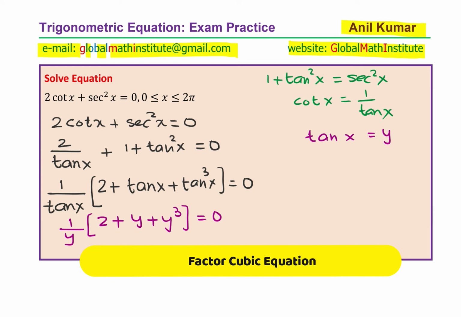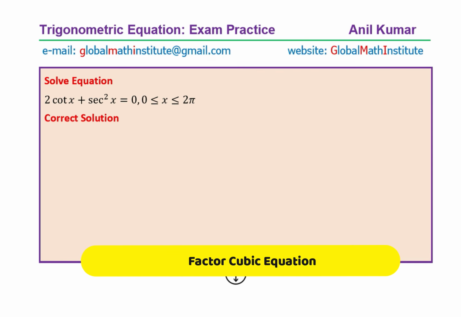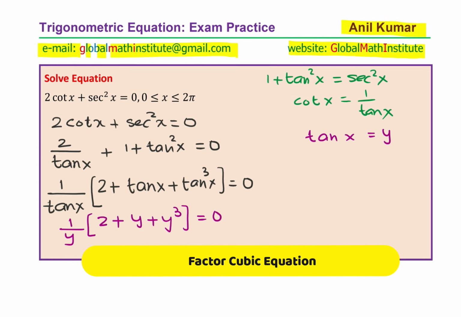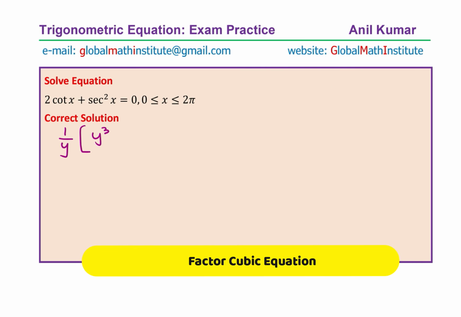We need to check some values, right? So let me rewrite this cubic equation on a new page. So we have 1 over y times the cubic equation, which was y cube plus y plus 2. So let me rewrite as y cube plus y plus 2 equals 0.